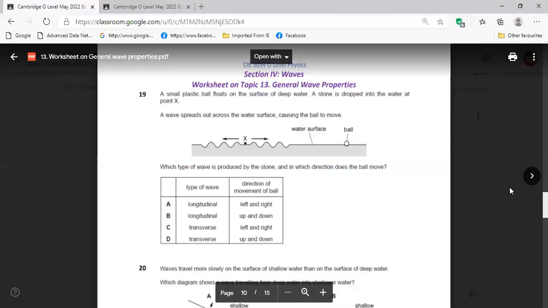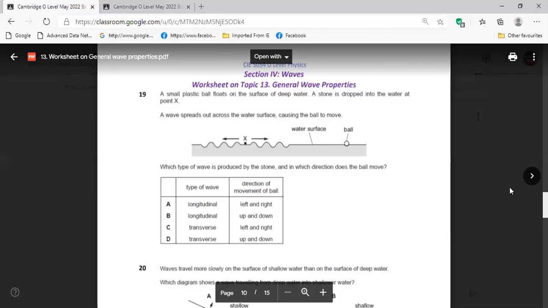Monica, do you have any option? Can you explain how? Because the wave is perpendicular.